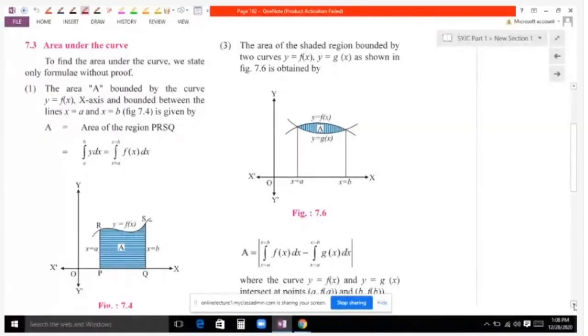The area A bounded by the curve y is equal to f of x and the x-axis, everyone pay proper attention here, you have to determine the area between the curve and x-axis, bounded between the lines x is equal to a and x is equal to b.